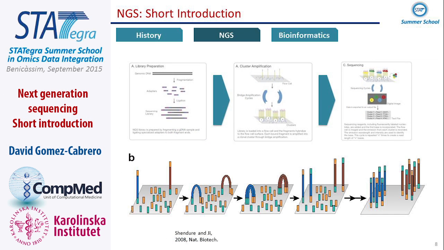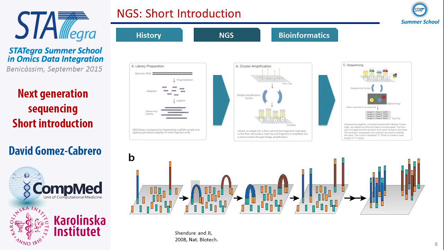The point here is that we want to sequence this fragment, and of course we can use the fluorescence technology that we will show later. But the problem is that with just one single DNA strand, the signal is not strong enough. So the idea is that around each of those locations, we create a cluster of DNAs with the same sequence.